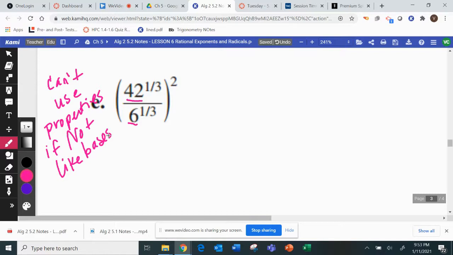So if we don't have like bases, we can't use the properties. But what I do notice is that they both have a 1/3. So I'm going to be sneaky and manipulative.